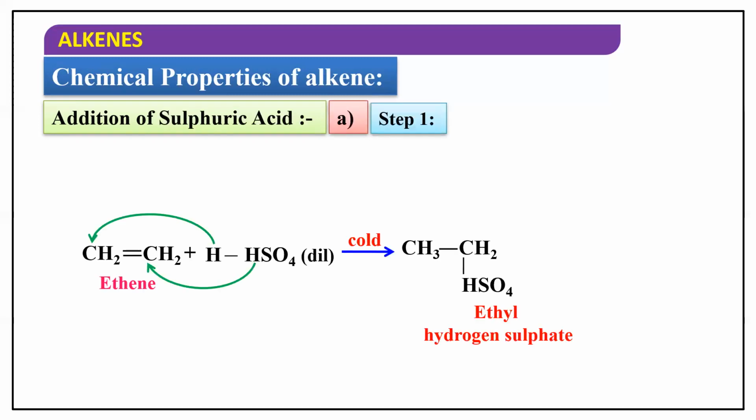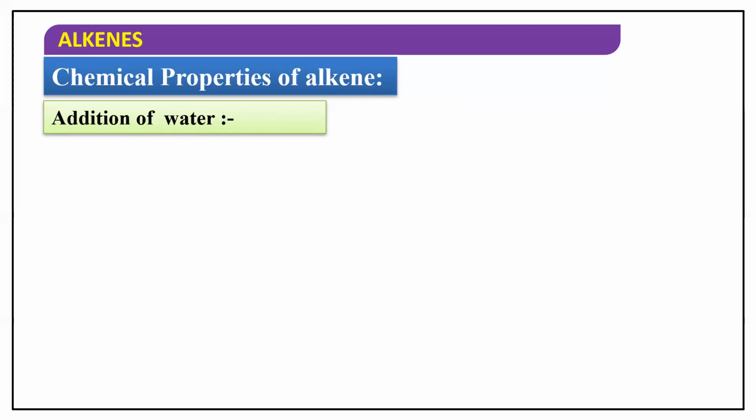So this is one of the ways in which sulfuric acid adds on to an alkene. And we saw this with respect to a symmetrical alkene. If we start with an unsymmetrical alkene, you know that we need to follow Markovnikov's rule. The positive part will attack the carbon of the double bond having more number of hydrogens, and the negative part will attack the carbon having lesser number of hydrogens.